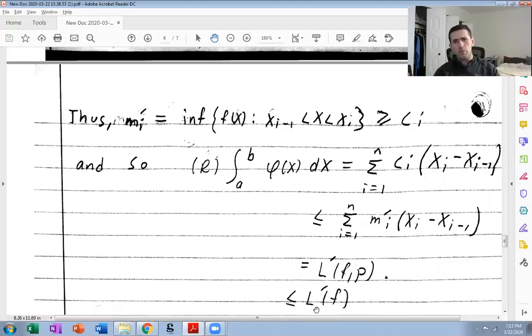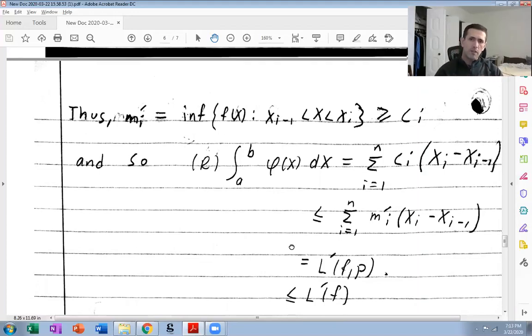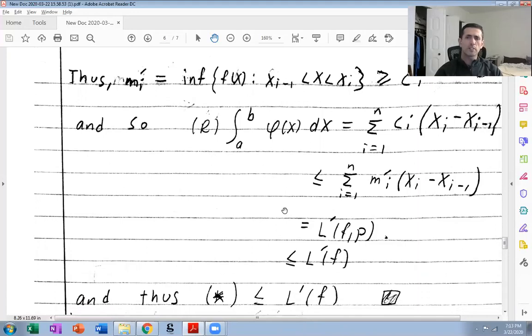Okay, so we play the same game here. Star is the supremum of all these integrals, integrating step functions that are less than or equal to f on A to B. So, right, the supremum is the least upper bound of all these integrals.